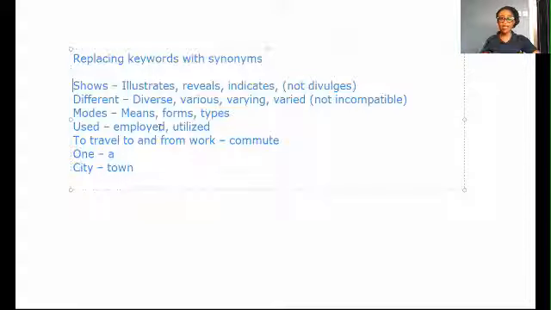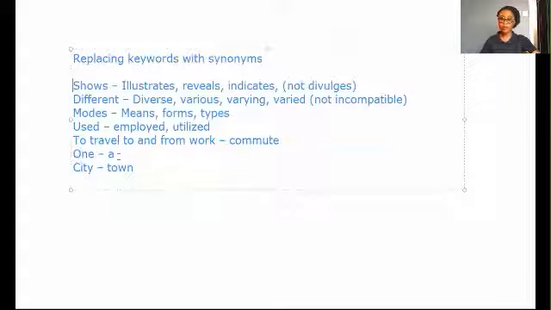We have another keyword, modes. We can replace that with means, forms, types. Used, we can use employed, utilized. To travel to and from work, we can replace these words with commute. And the reason is that commute means to travel to and from work. That is why commute is very appropriate to replace to travel to and from work.